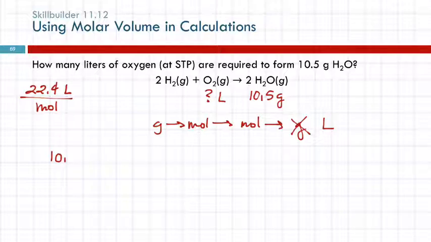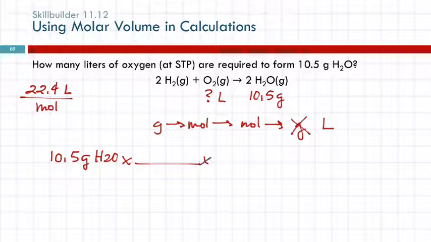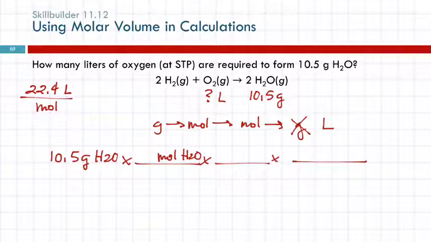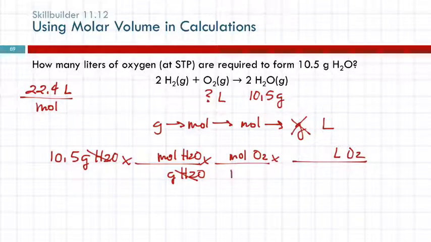So 10.5 grams of H2O, 3 arrows, 3 conversion factors. Look at the units: grams to moles to liters. So I'm going to go grams of water to moles of water to moles of what I'm trying to find out about, the oxygen, and then to liters of oxygen, putting the previous unit in the denominator so that the units cancel out.